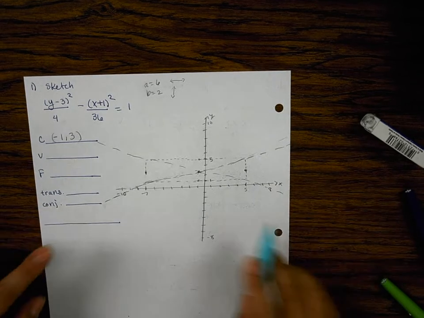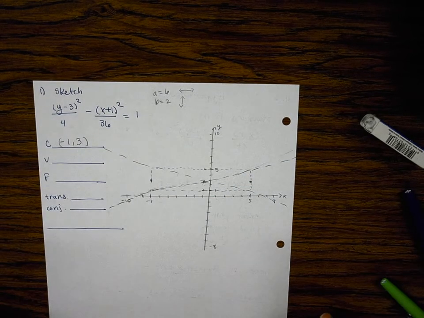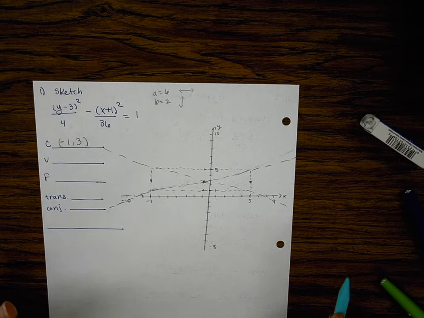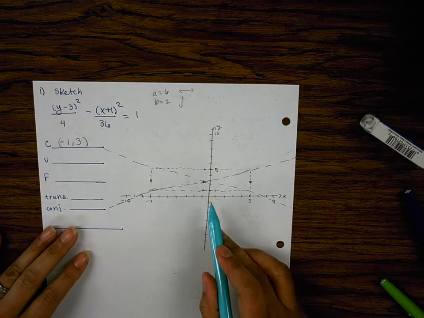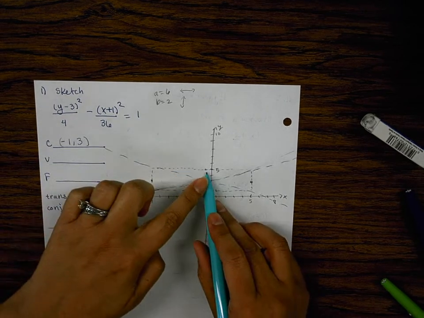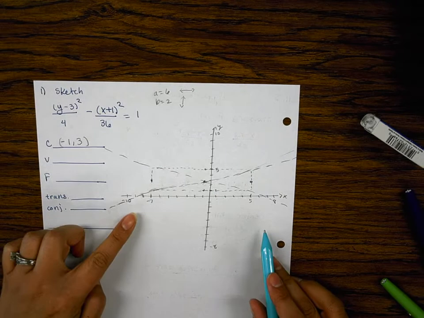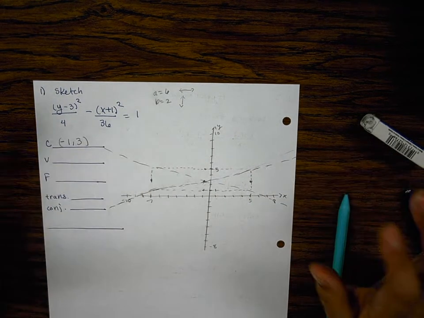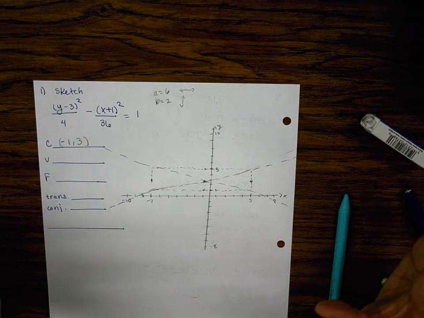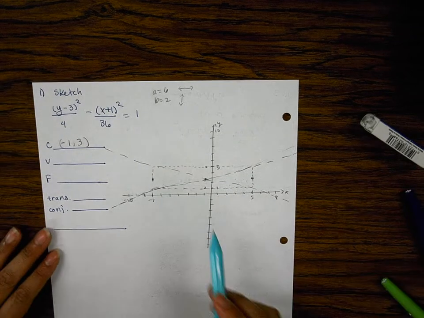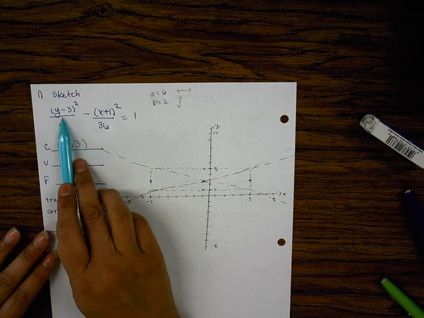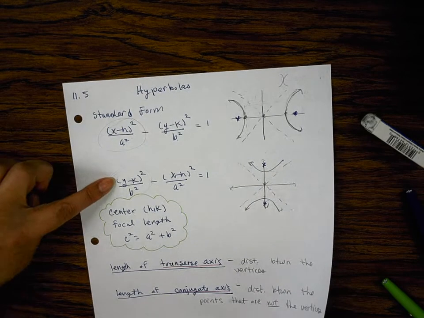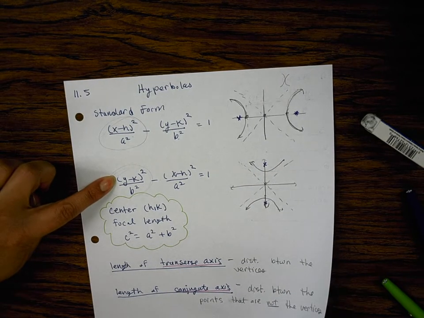Okay, so these are the asymptotes. As you can see, if my hyperbola was opening up and down, it would be really wide. If my hyperbola is opening sideways, it would be really narrow. So these asymptotes do determine how wide or narrow your graph is going to be. Now, because the y comes first, it is going to open up and down.